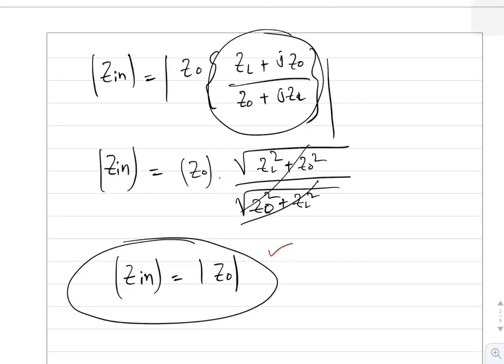In this equation, ZL is not available. That means if you take the length of the transmission line as lambda by 8, then the input impedance is independent of load resistance. That is the important point that you have to observe in lambda by 8 transmission line.